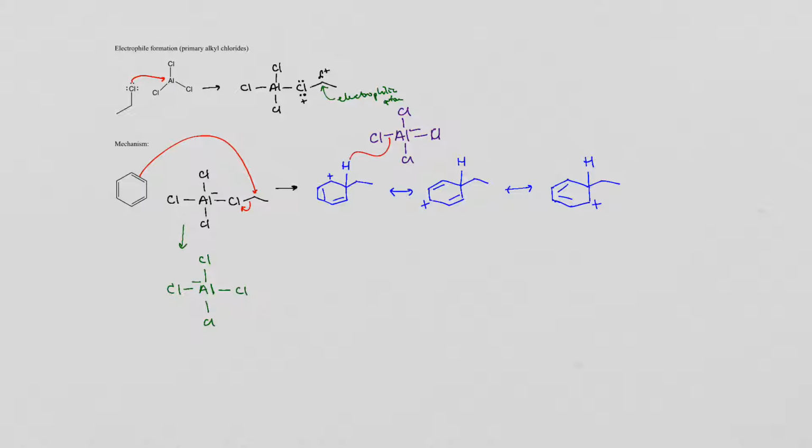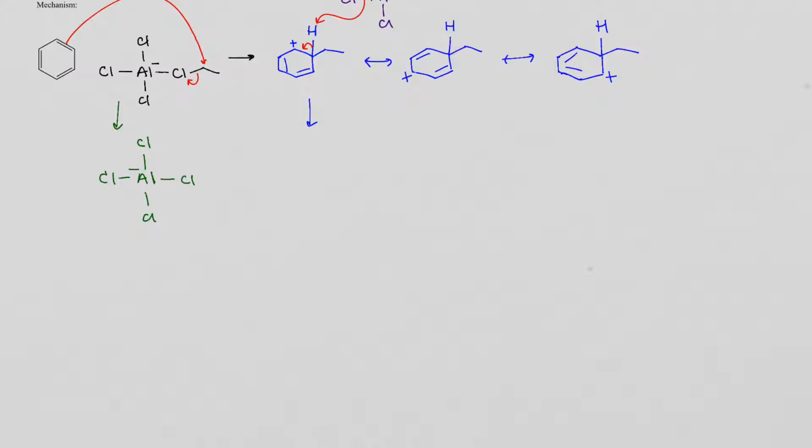Negative. That aluminum-chlorine bond will break, forming HCl. So our major product here is our benzene ring with our alkyl chain attached. And for the sake of saying it, we also get HCl and aluminum chloride.